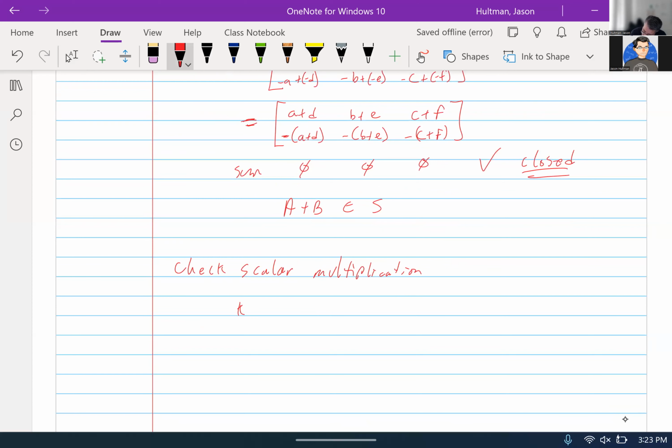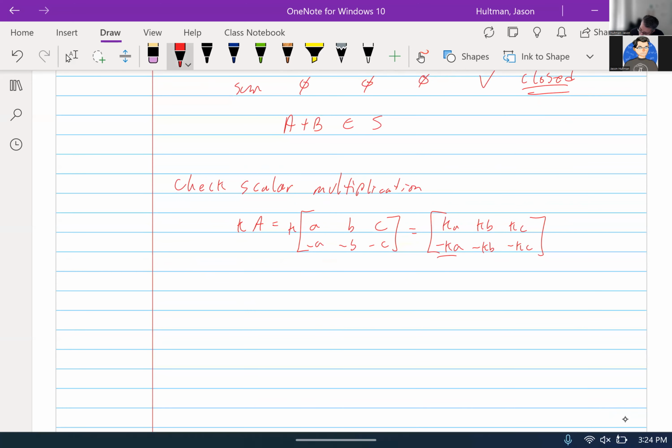Okay, so if I take K times A, is this still closed? K times A, B, C, negative A, negative B, negative C is going to be equal to KA, KB, KC, negative KA, negative KB, negative KC.